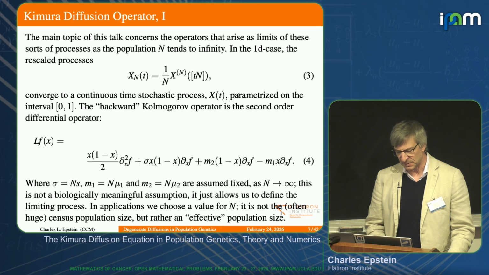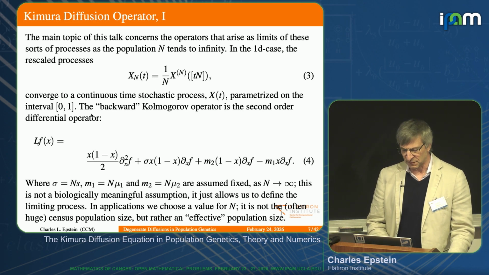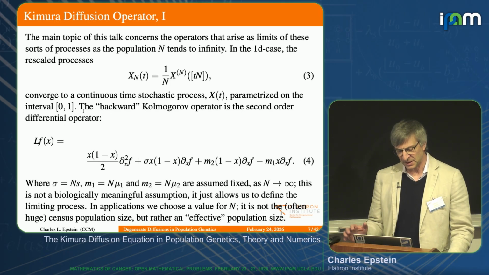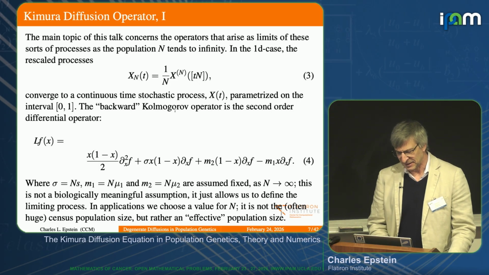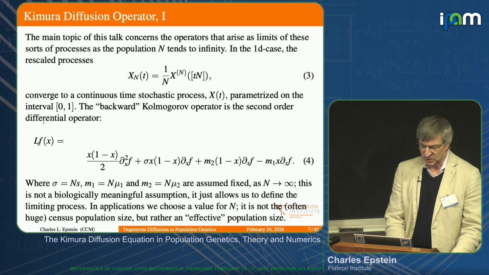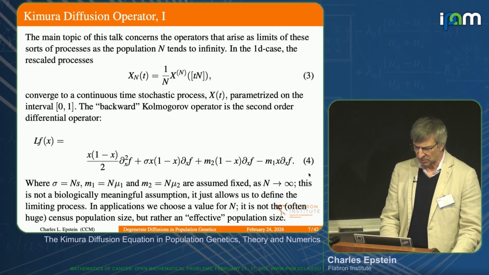This is a continuous time stochastic process. You can take a limit as n goes to infinity, and you get a process on the interval 0, 1. So it's a random walk on the interval 0, 1. These things are described by partial differential equations, and this equation here is the backward Kolmogorov equation.